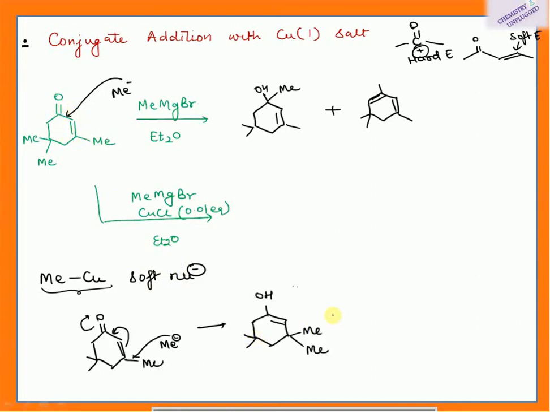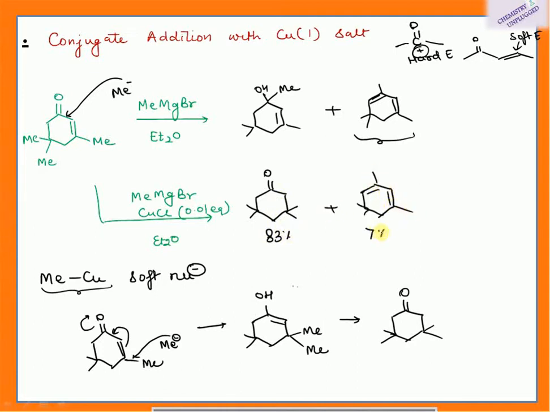We can write it like this in enol form, or we can also write it in ketonic form. It will also give this elimination product, but its percentage is lower. So this is 83% in this case, and this product is 7% only. And in the first case, this compound is 43%, while the elimination product is nearly 48%.